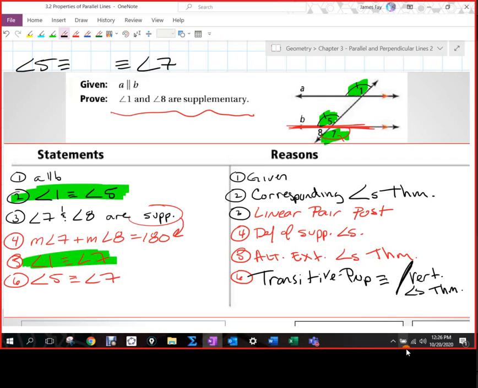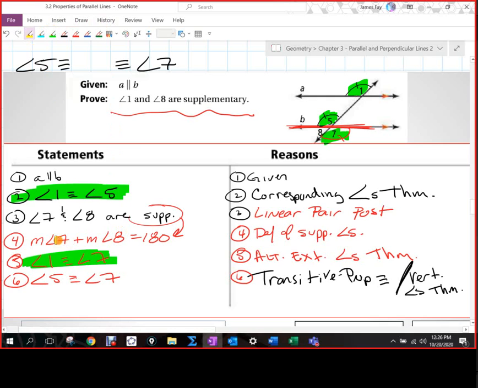Okay, so got a lot of facts here, but if I want to say that 1 and 8 are supplementary, how do I know when I look at 2 angles that they are supplementary? Or what is the feature about 2 angles to be able to classify them as supplementary? They add to 180. So somehow, throughout my proof, I've got to get a way to set angle 1 plus angle 8 equals 180, right?